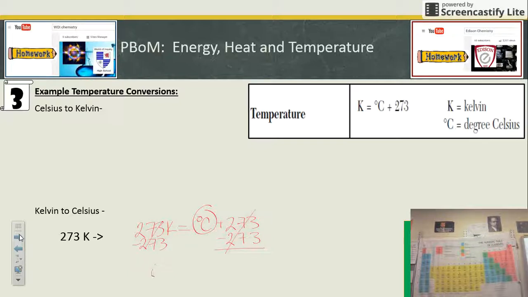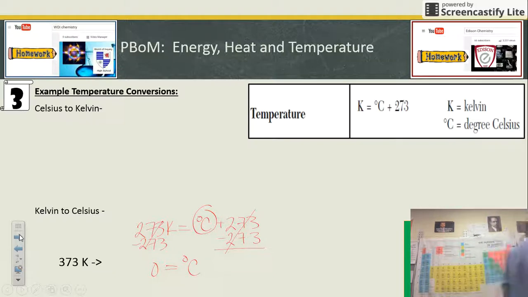That turns to 0. So 273 minus 273 is 0, and 273 Kelvin equals 0 degrees Celsius. Sorry, my math brain wasn't working too well this morning. That's why I need milk around sometimes.